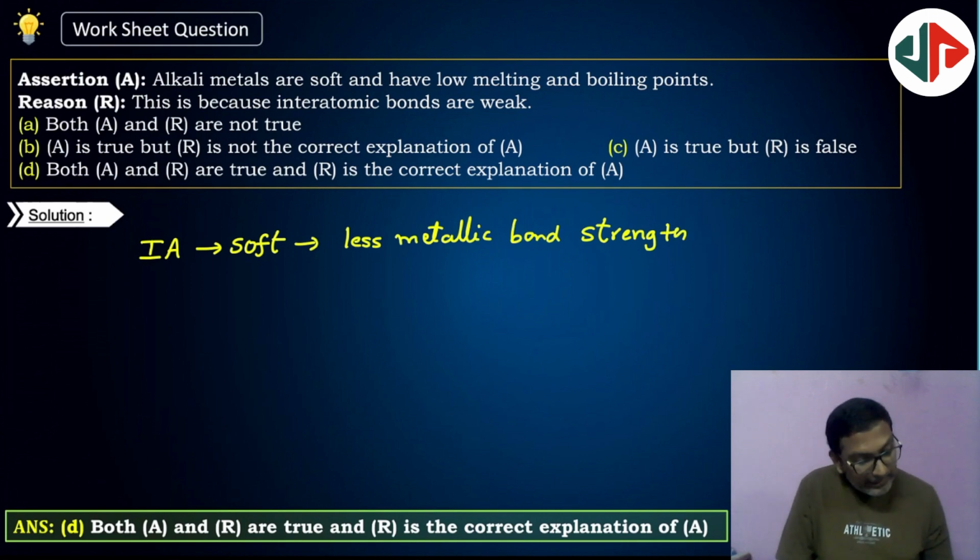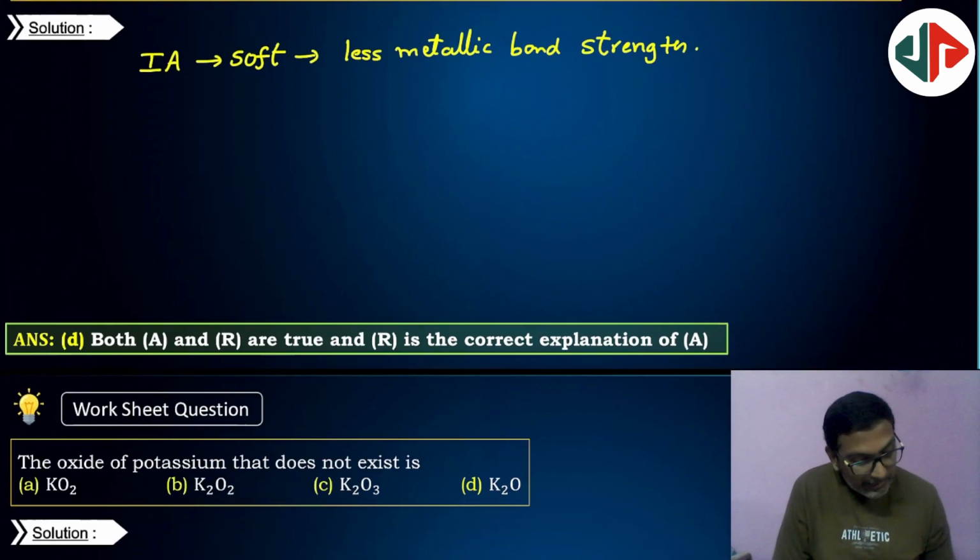So the correct explanation, option D. Alkali metals are soft when compared to D block due to less metallic bond strength. Interatomic bonds means metallic bonds. Next.